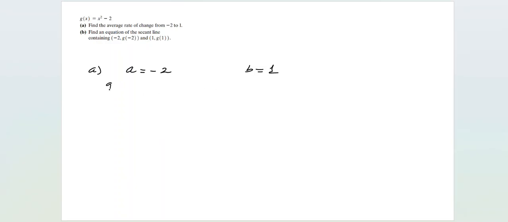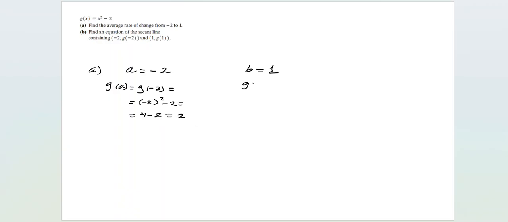So g of a, which is g of minus 2, is equal to minus 2 squared minus 2. Minus 2 squared is 4, minus 2 is 2, right? So g of a would be 2.